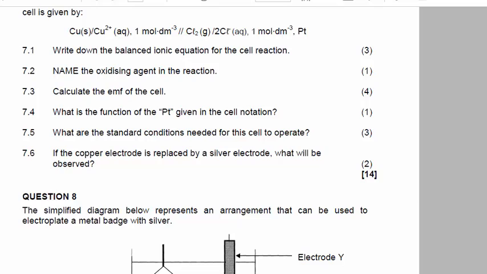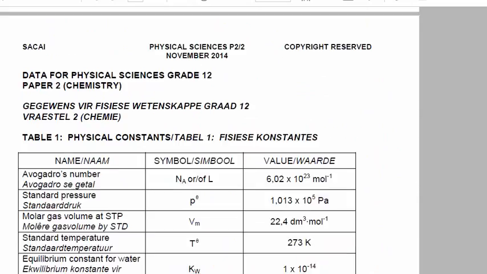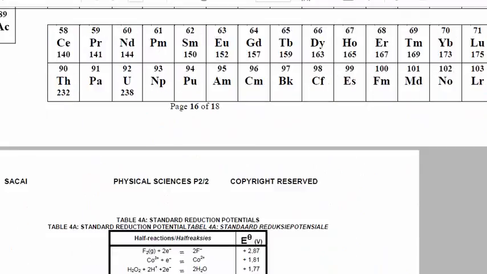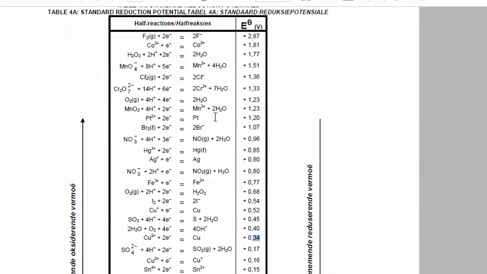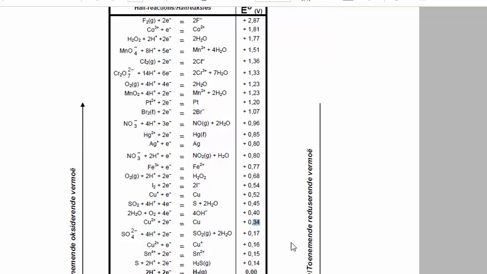And so if we go to our table, we're now looking for copper and chlorine. The bigger one is 1,36 and the other one is copper 0,34. And remember, the sign is important. So it would be a positive number minus a positive number.